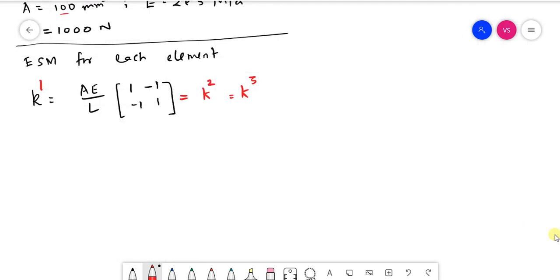Now let me write the global stiffness matrix, GSM. I know that this model has 4 nodes, so the GSM will be of size 4 by 4.